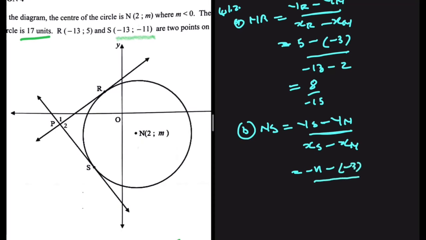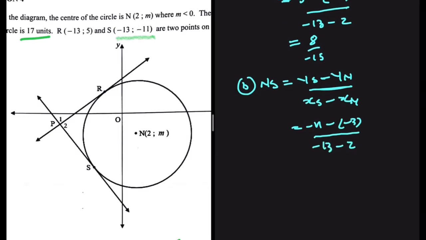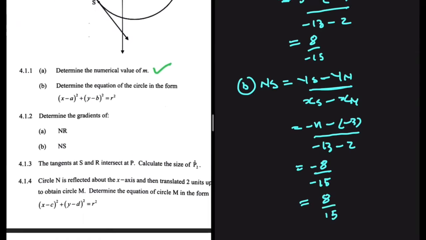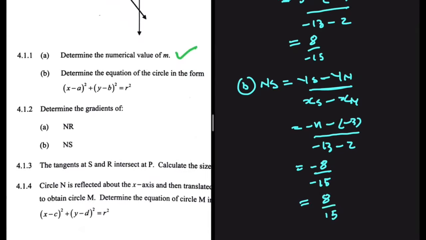Everything divided by x of S, which is minus 13, minus x of N, which is 2. On the numerator, we have minus 8, and on the denominator, we have minus 15. So this is just equal to 8 divided by 15. We have the gradients of NR and that of NS.